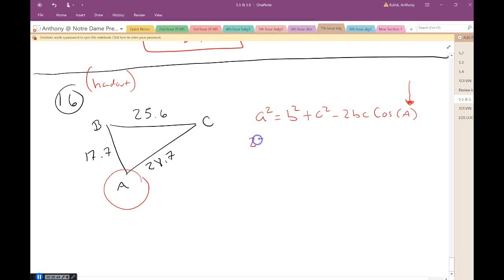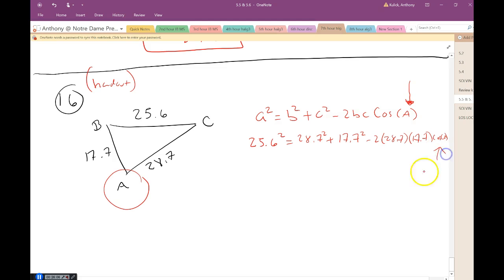So I can fill things into my formula now. B is 17.7 squared minus 2 times 28.7 times 17.7 cosine A. Almost ran out of space there.